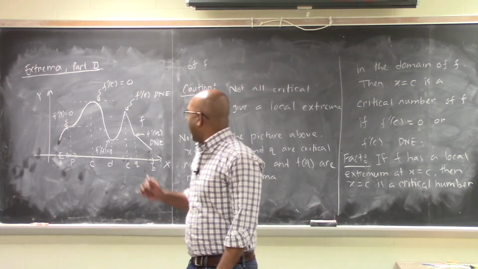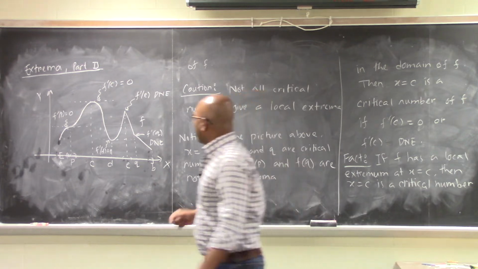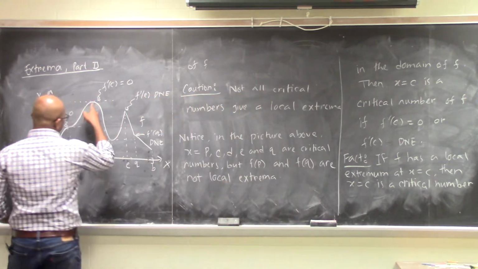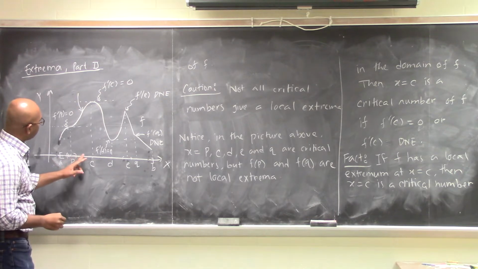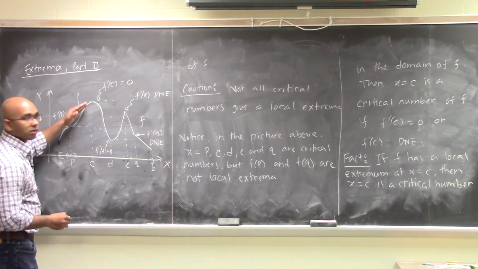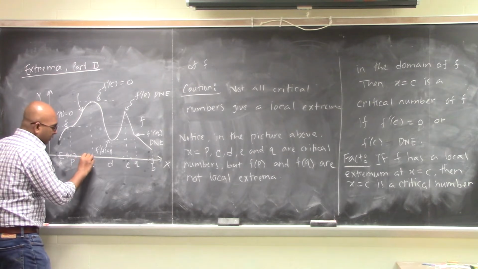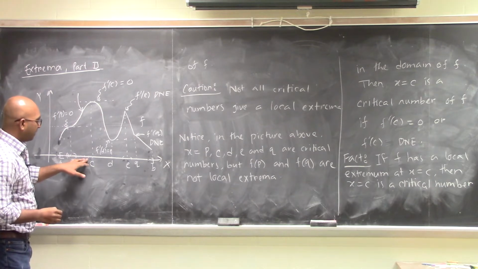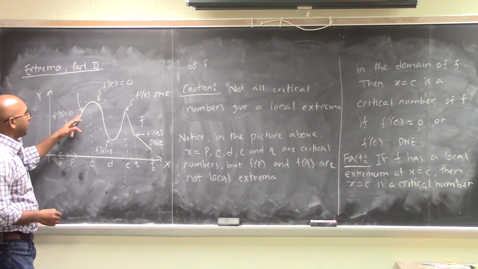Okay? And this picture actually captures all this information that we need to know. Notice here f of c is a local max, and if you look on the left side of this function, what happens is the function is increasing, right? By increasing, I mean take any two points, then the bigger input will give you the bigger output. That's what happens, okay?